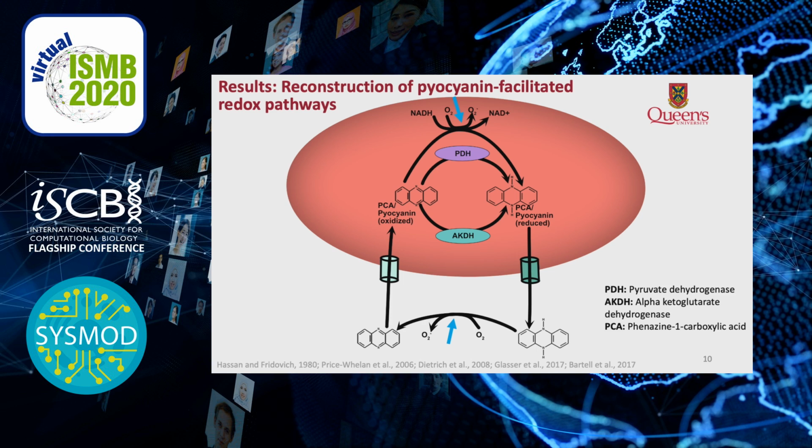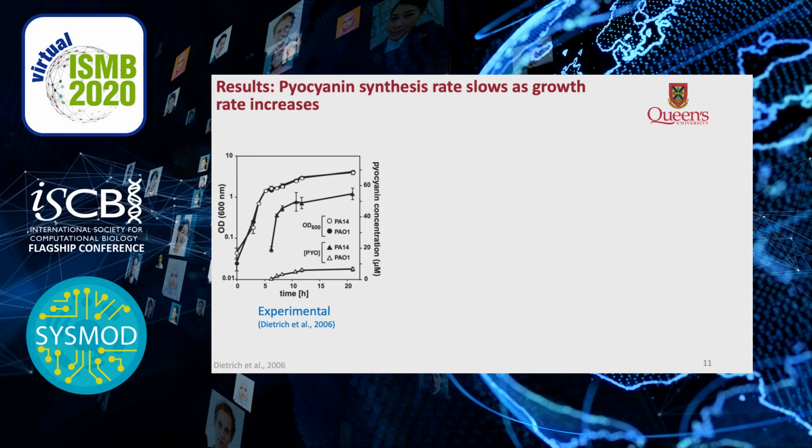Now let's see what the model can be used for in its current state. After adding these reactions, we have performed simulations to compare with the original model. We first wanted to compare whether the updated model can predict pyocyanin synthesis. Studies have demonstrated that pyocyanin synthesis or release rates increase exponentially during early stationary phase when the growth rate is slowing down.